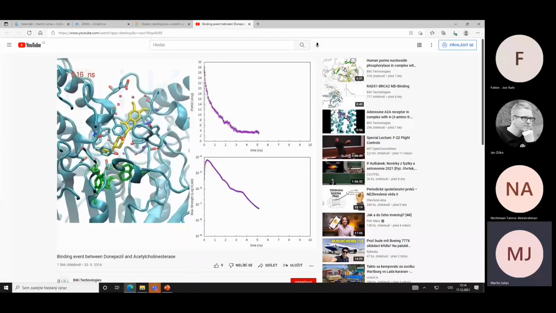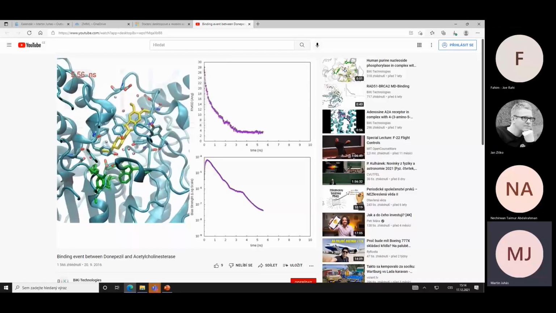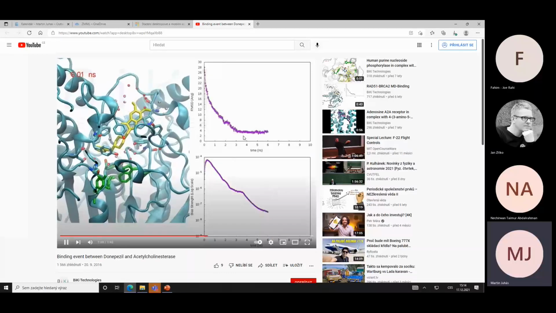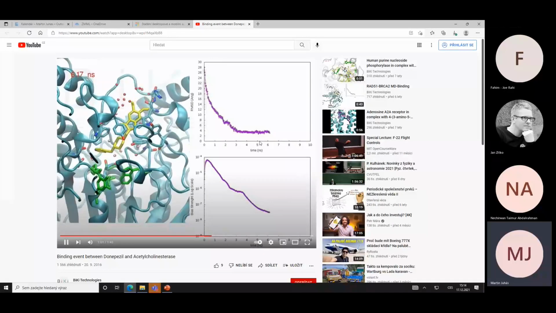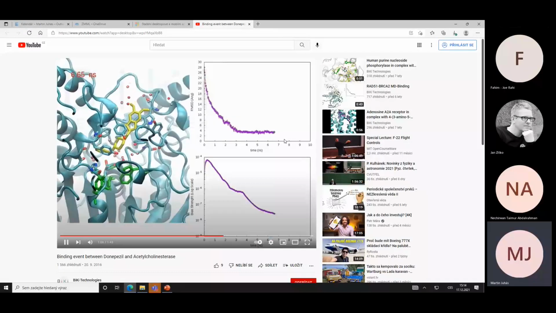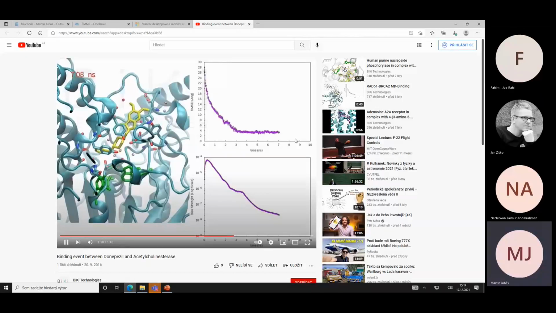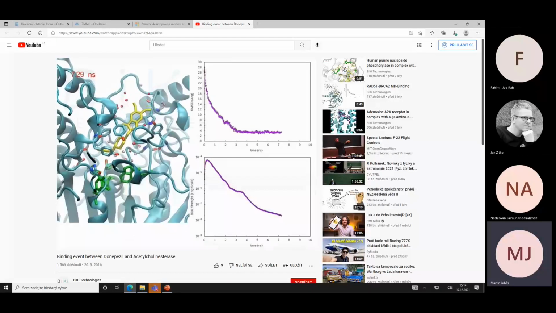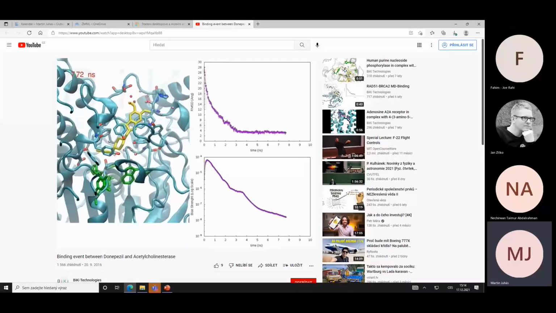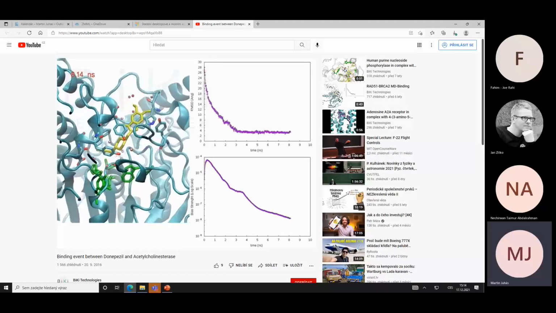Now it seems like this is the equilibrium state, because it's not changing from the 3rd nanosecond. It started to plateau, so you would say, okay, this is the end of the simulation. But if you wait a few seconds more, you will see that it abruptly changes, and then it achieves the conformation that is known from the crystallographic structure actually.